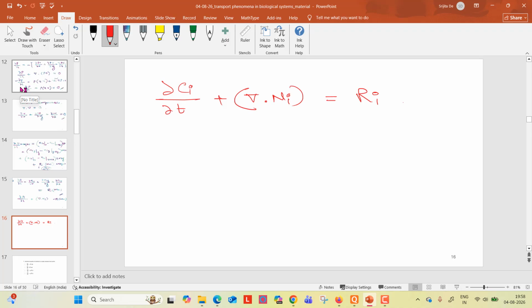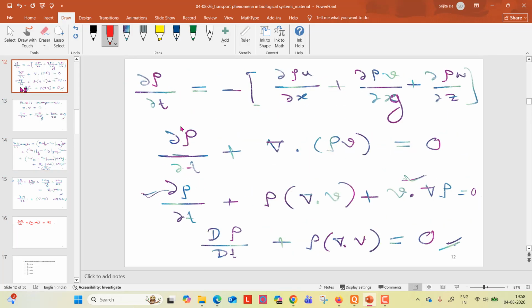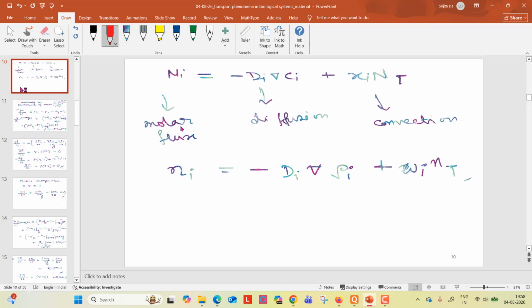Now we also already know that molar flux contributes to diffusion and convection both, right?